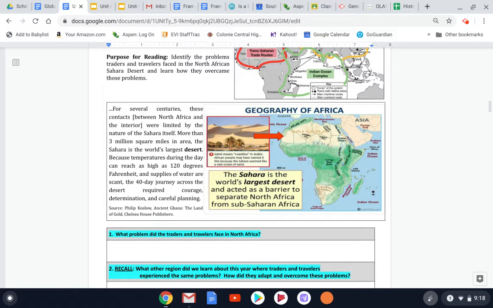More than 3 million square miles in area, the Sahara is the world's largest desert. Because temperatures during the day can reach as high as 120 degrees Fahrenheit, and supplies of water are scant, which means rare or scarce, the 40-day journey across the desert required courage, determination, and careful planning.